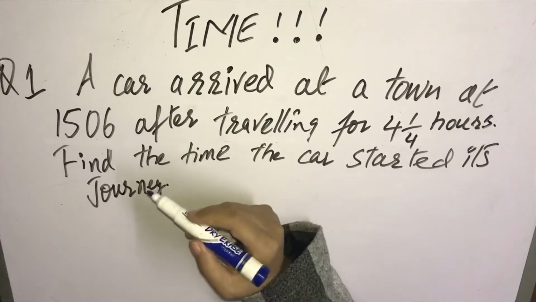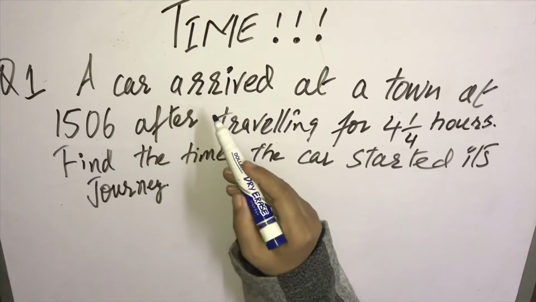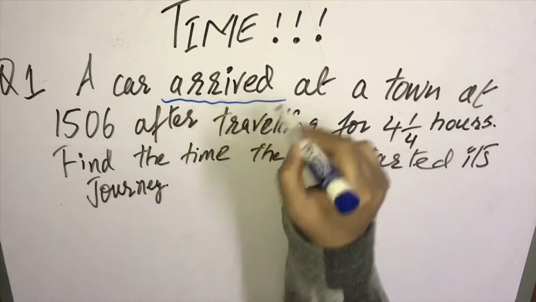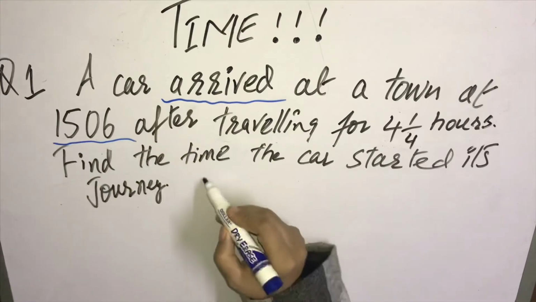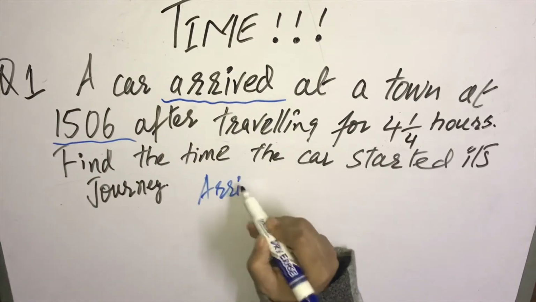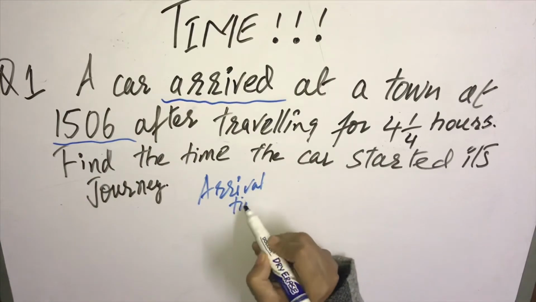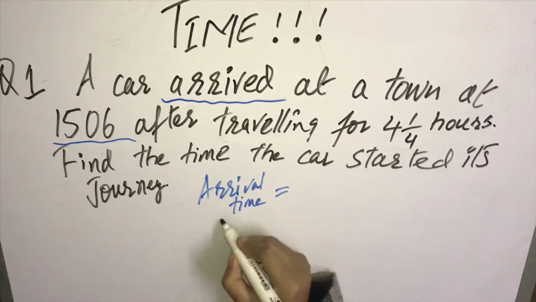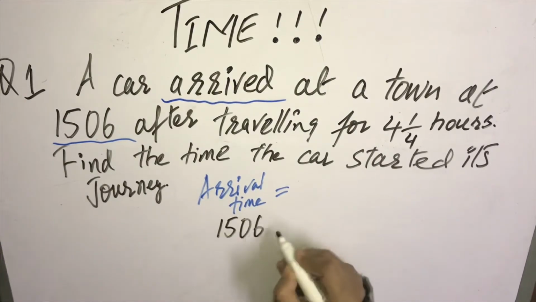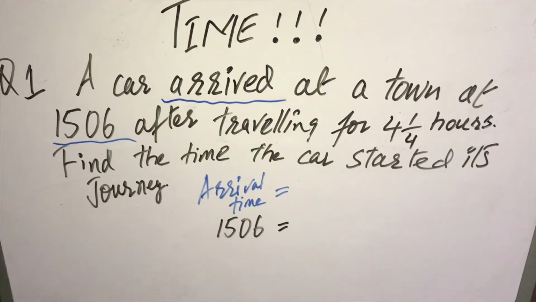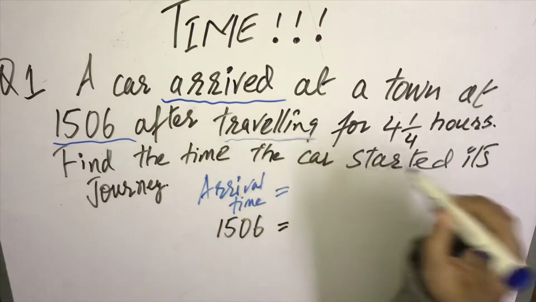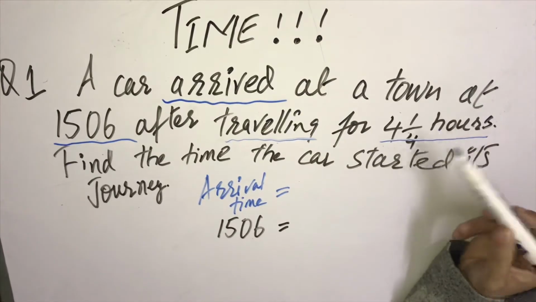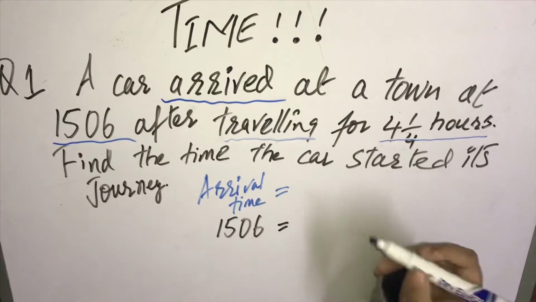The first question is, a car arrived at a town at 15:06. Arrived means arrival. Arrival time is 15:06. After traveling, which means journey, for 4 and 1 by 4 hours, that means 4 hours and 15 minutes.